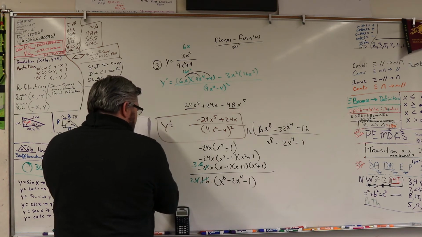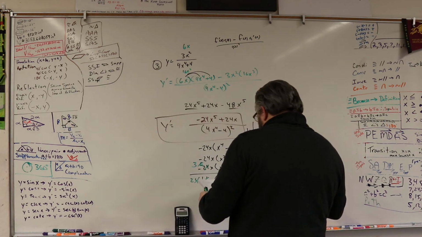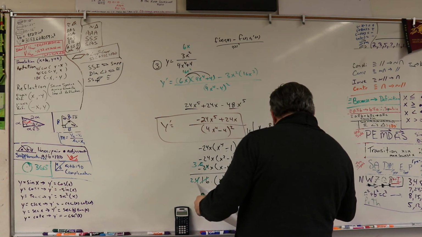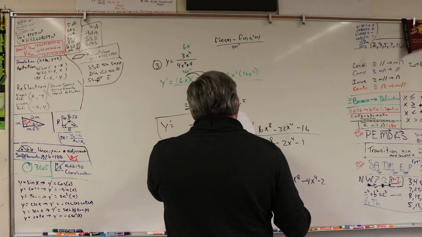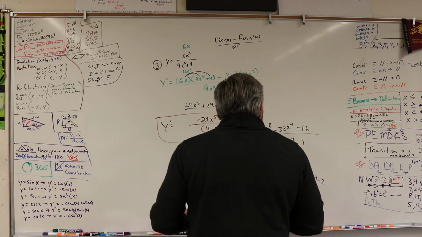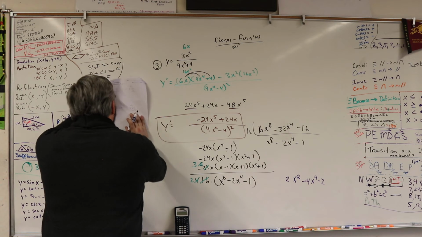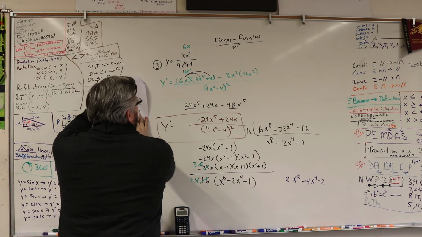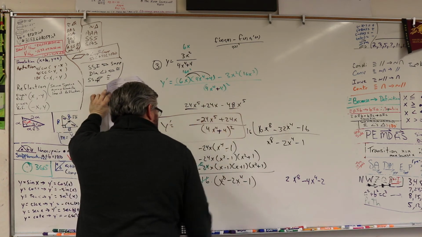So that would be 2 times x to the 8th minus 4x to the 4th minus 2. And that is, why do I have minuses and you have pluses? Oh, shoot, because this was a plus to begin with.